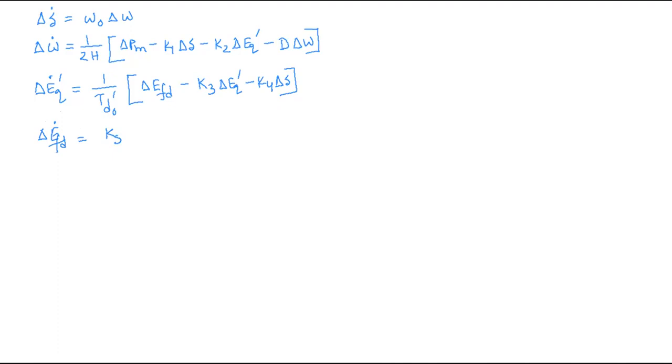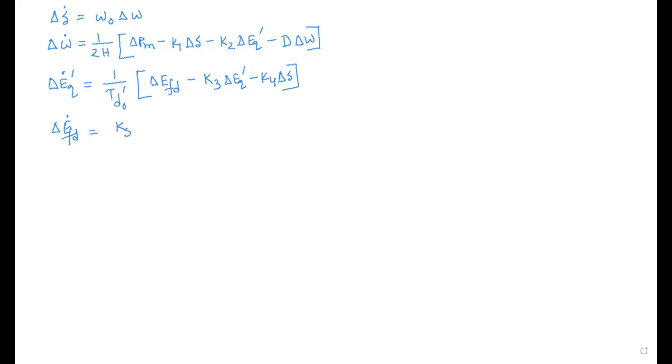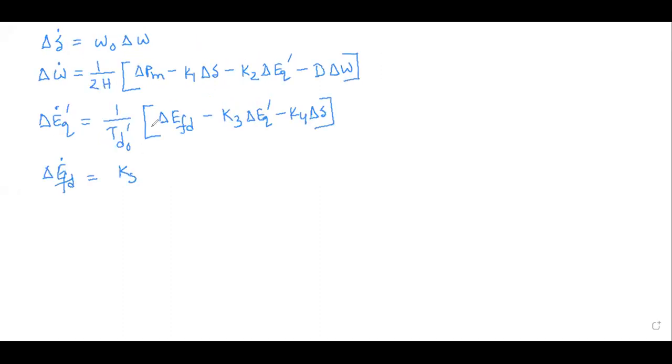K5 and K6. What do we have? Let me see. Okay, it is minus KA K5 over TA.